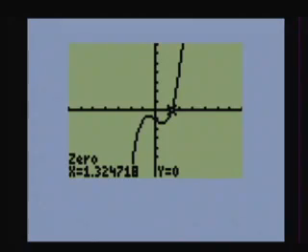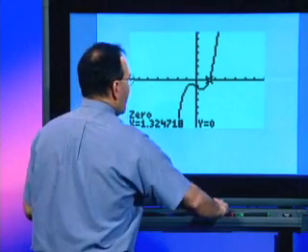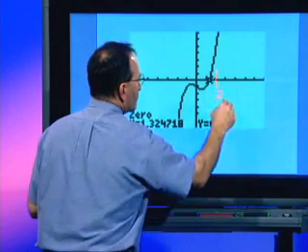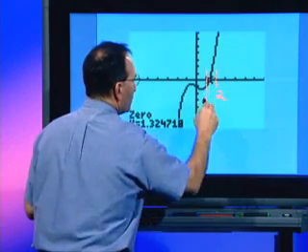So this is the graph of x cubed minus x minus 1. And what we can see is that there is a sign change somewhere between 2 and 1.